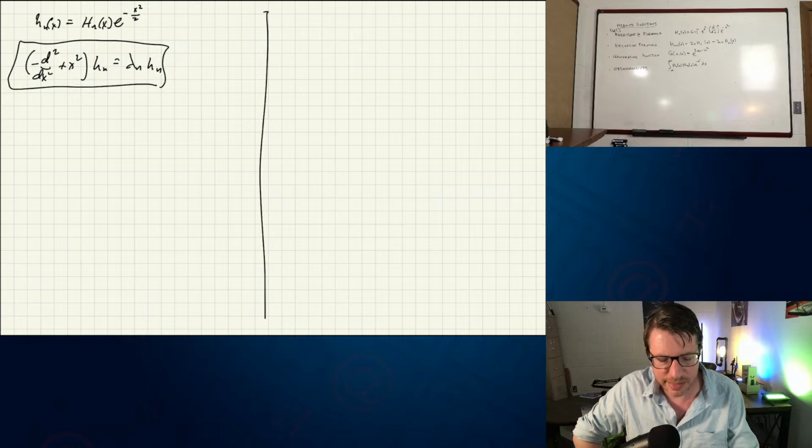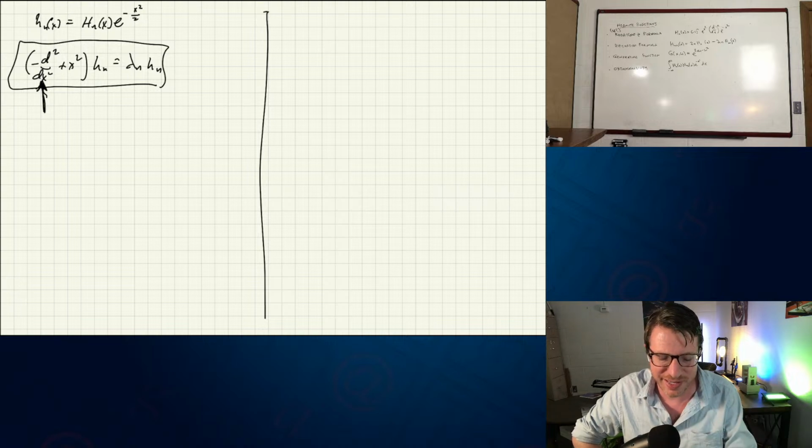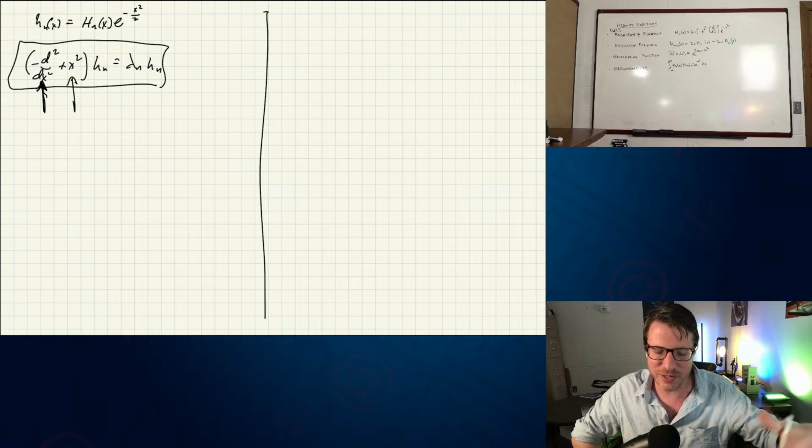And so you get this eigenfunction for this differential equation, which is the harmonic oscillator. Because the Fourier transform changes differentiation into multiplication, we get multiplication by x twice when we take the Fourier transform of the derivative, and it turns these guys into differentiation on the other side.